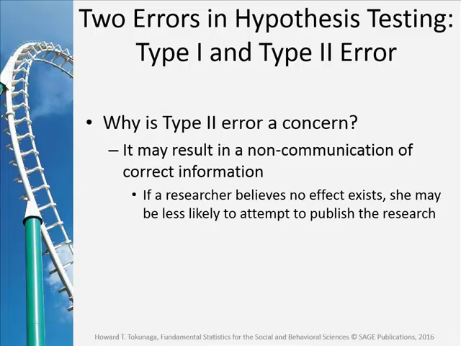Why are we concerned about type 2 errors? Well, because it could result in non-communication of correct information. For us, practically, if we do a research design, we have a theory about how the world works. We collect data on that theory. We run the data.